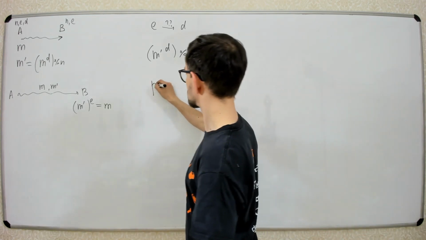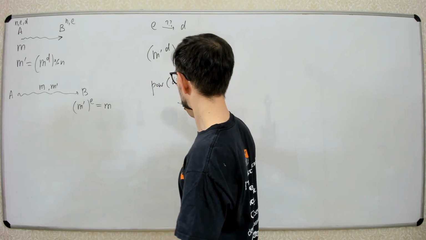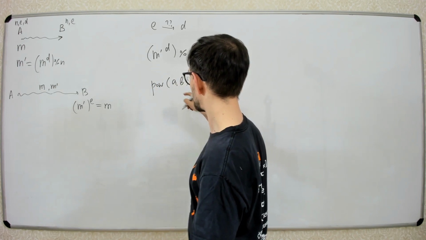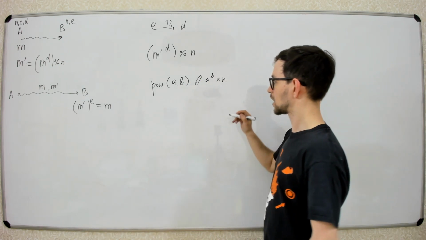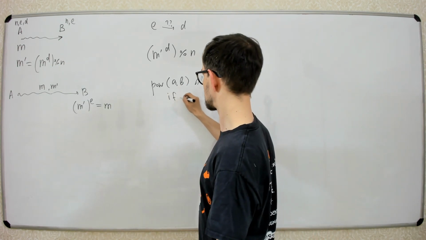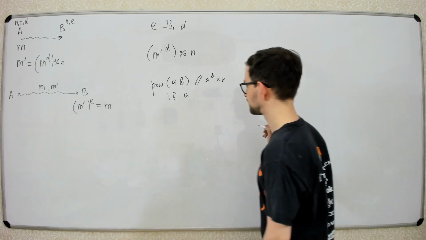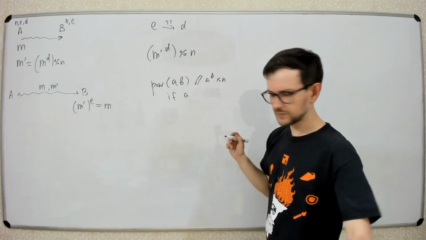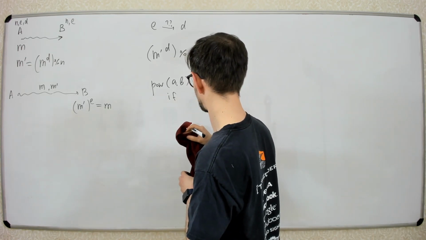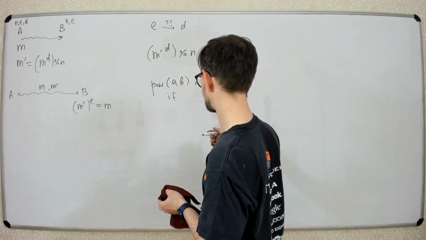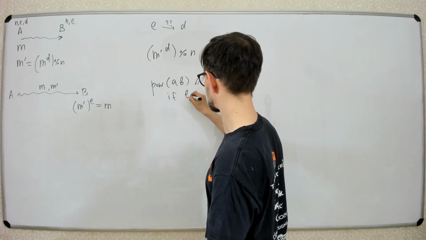Now, how is it calculated? Again, like we discussed, the power a^b. If we want to calculate a power b modulo n, how can we do it? Let's do it recursively, just for simplicity.